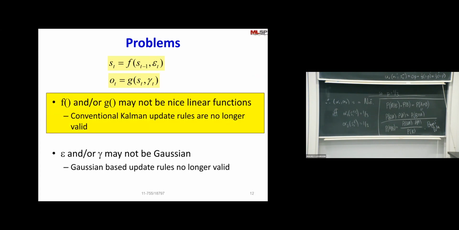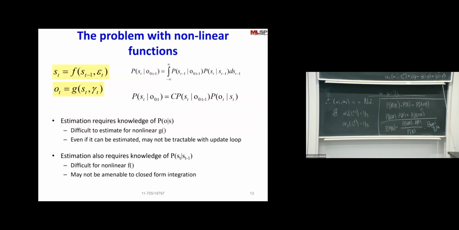Let's look at the first case. F and or G may not be nice linear functions. So conventional Kalman update rules are no longer valid. Why are they no longer valid? To understand why, we have to go back and look at where the formulae came from.